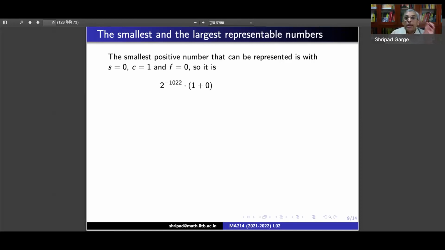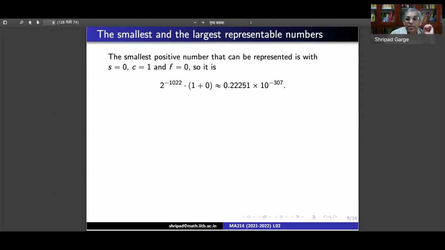So it's 2 power minus 1022. That is the smallest positive number that we can write, and which is roughly equal to 0.22251 into 10 power minus 307.